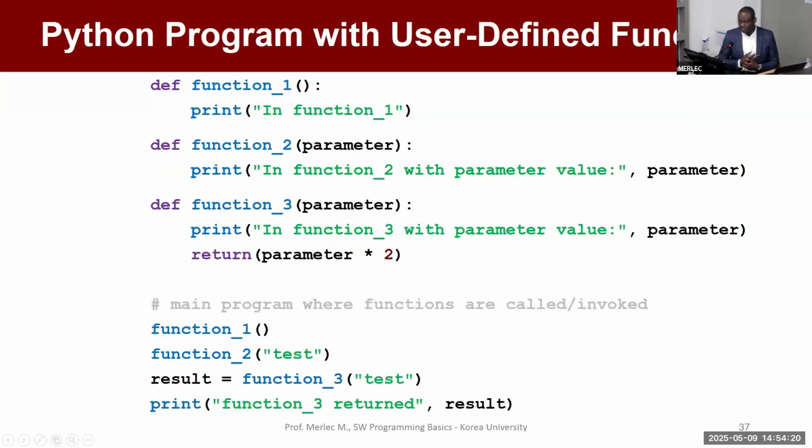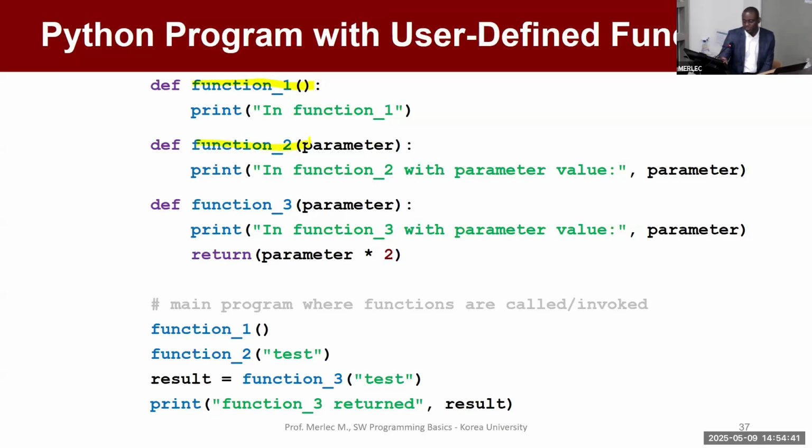So here you have a complex review of all the cases I've discussed so far. In the first function, you can see I have empty arguments sent to function 1.